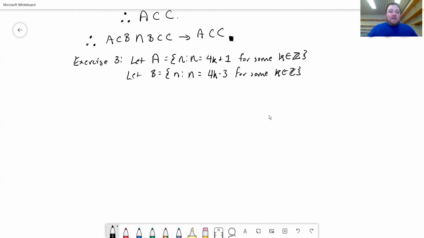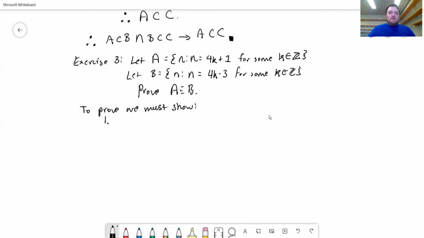Okay, so we have that, and we want to prove that A is equivalent to B. Prove that all the elements in A are also elements in B, and all the elements in B are also elements in A. So they're equivalent. So since we're proving equivalence, we once again must show two things.